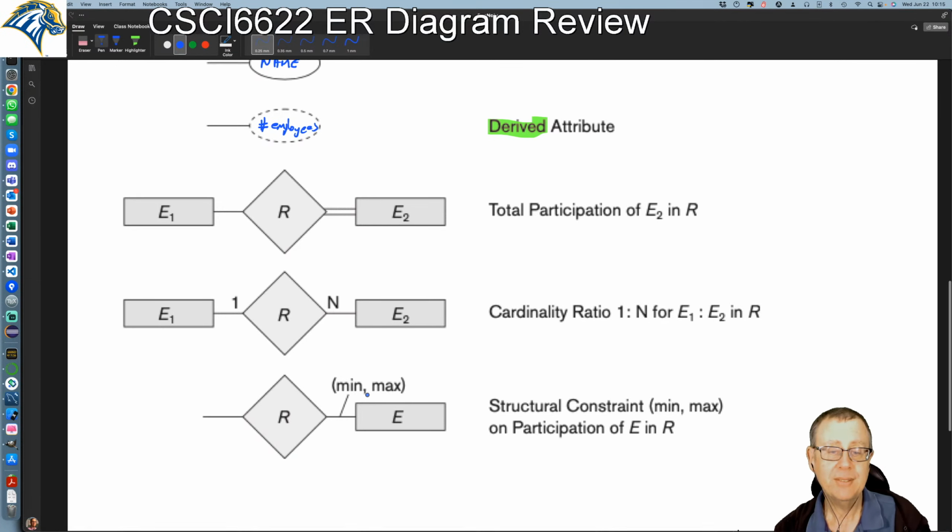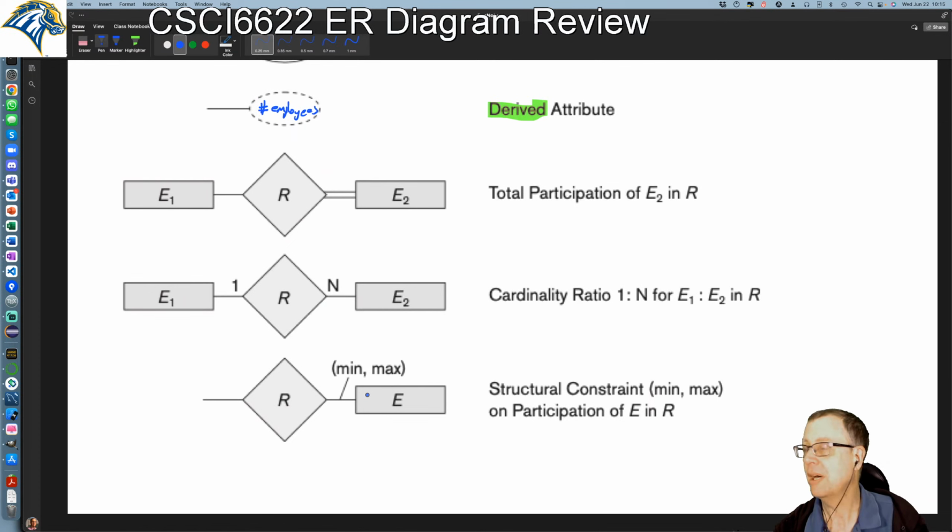So that's the first part of this review, and I will go on and talk about the two diagrams we've looked at in detail in the next couple of videos.